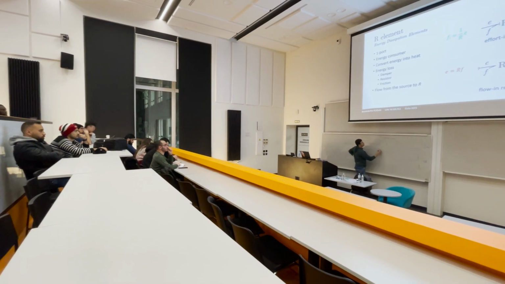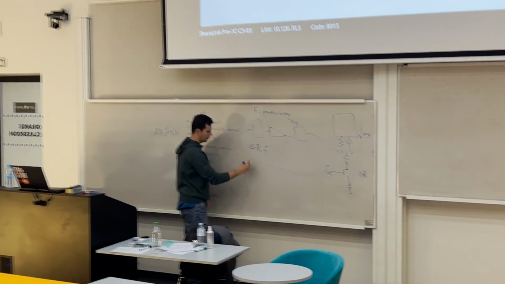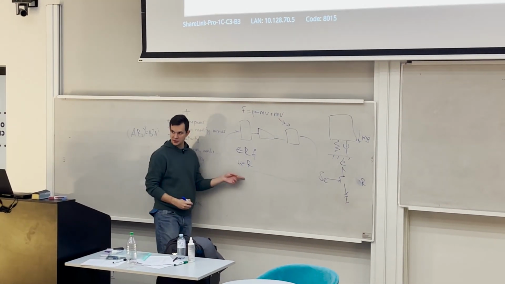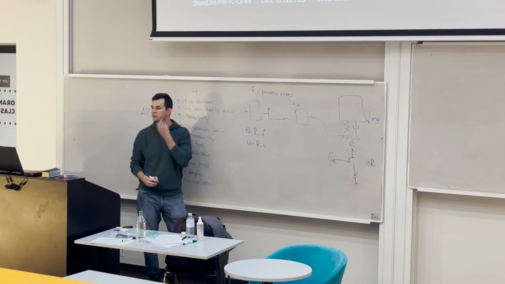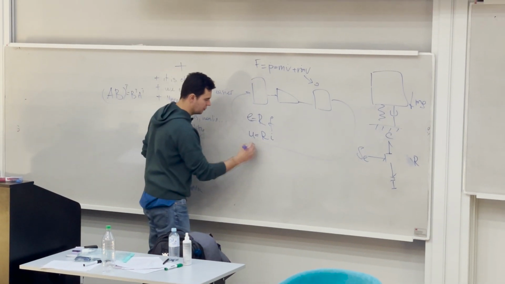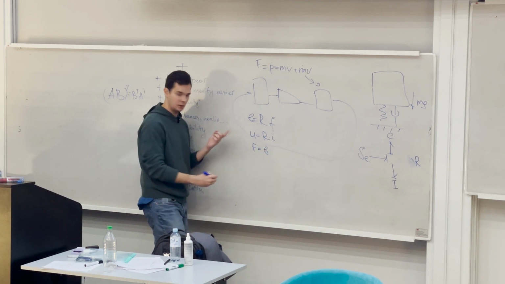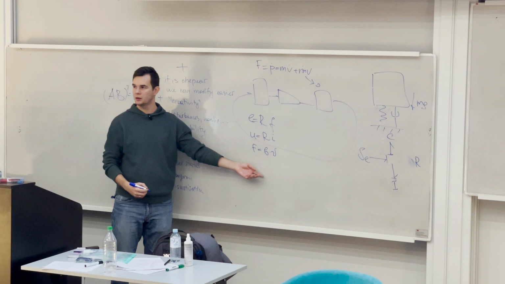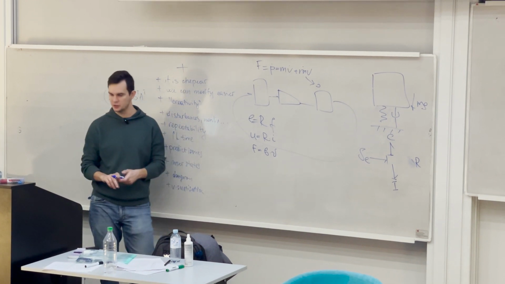Effort equals R times flow. Ohm's law: voltage equals resistor times current. For the damping force, we also know that force, which is effort, equals damping coefficient times velocity. The same fact. Flow is velocity.